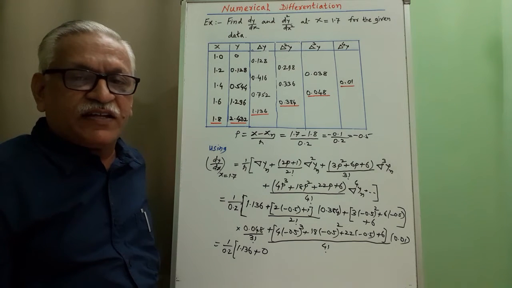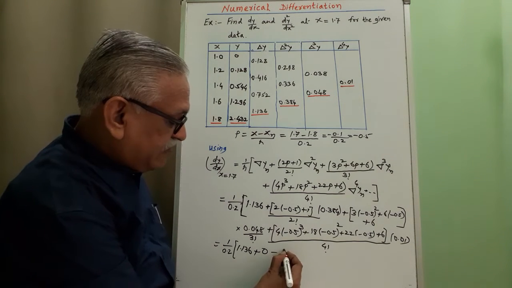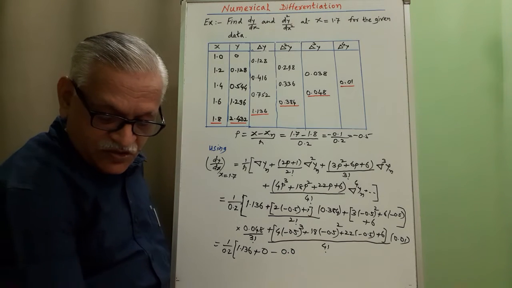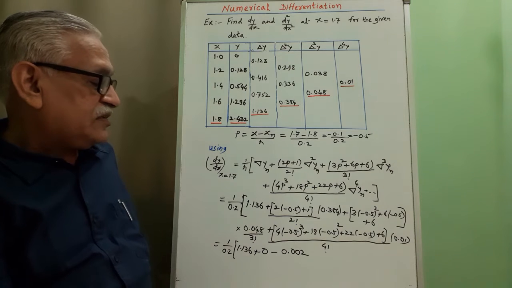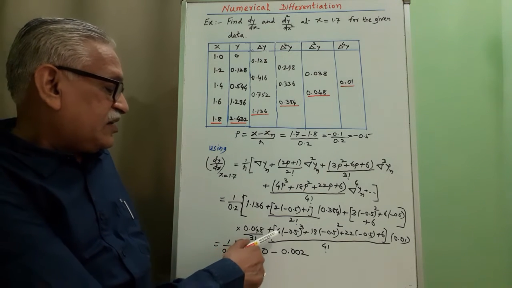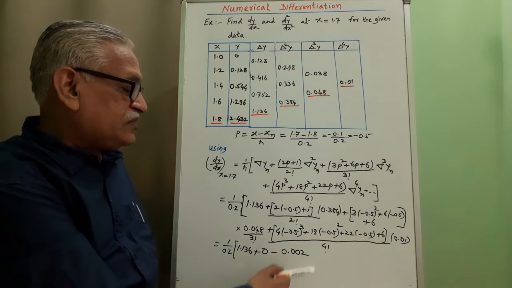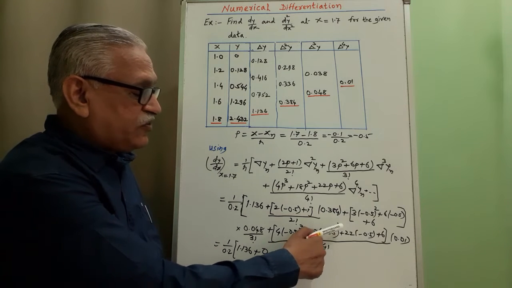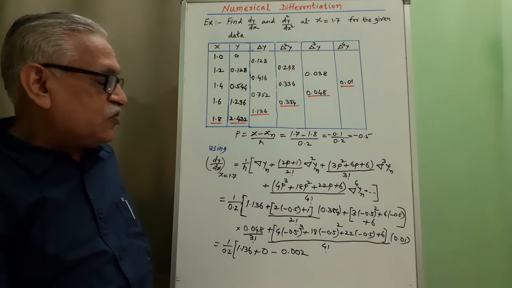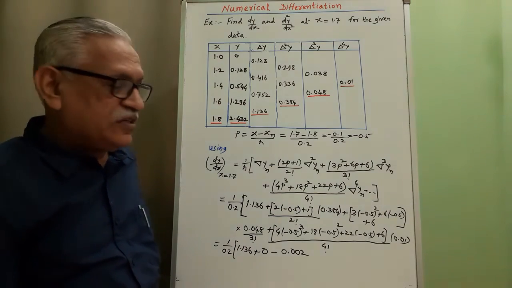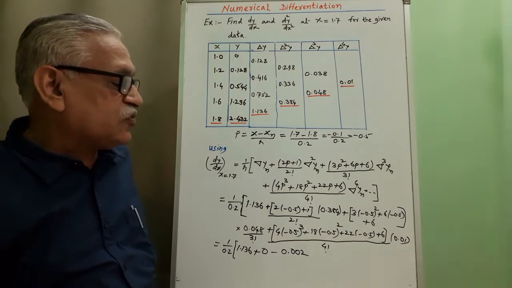Simplifying by calculator, we get minus 0.002. Then 4 into minus 0.5 cube plus 18 into minus 0.5 square plus 22 into minus 0.5 plus 6, whole divided by 4 factorial, which is 24, multiplied by 0.01.